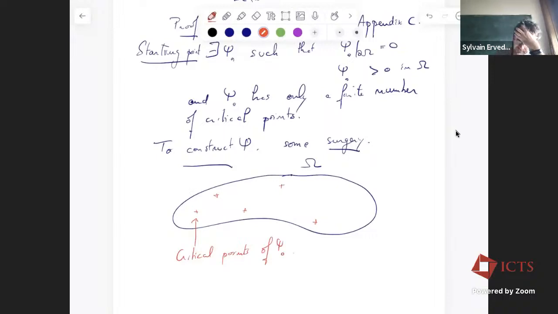And then you have your set small omega. And what you want is to have a function psi which has no critical points outside small omega. So what you are going to do is to say, okay, we have some critical points here, and each of these critical points, we will connect it to small omega. You can always do that. It's a homotopic argument.